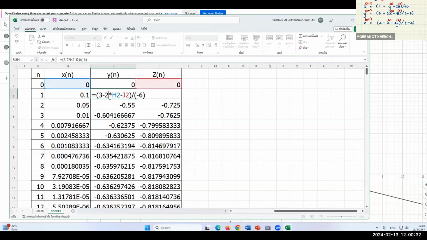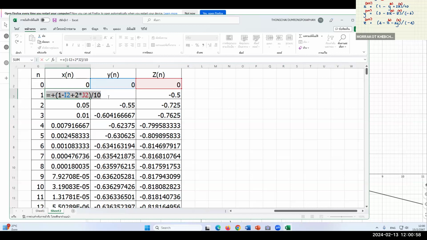Because y had to use the blue one on the top. But we have this blue one, right? We have this cell already calculated. I will update and use it. So that is what the two people, Gauss and Seidel, brainstormed to get the faster algorithm.